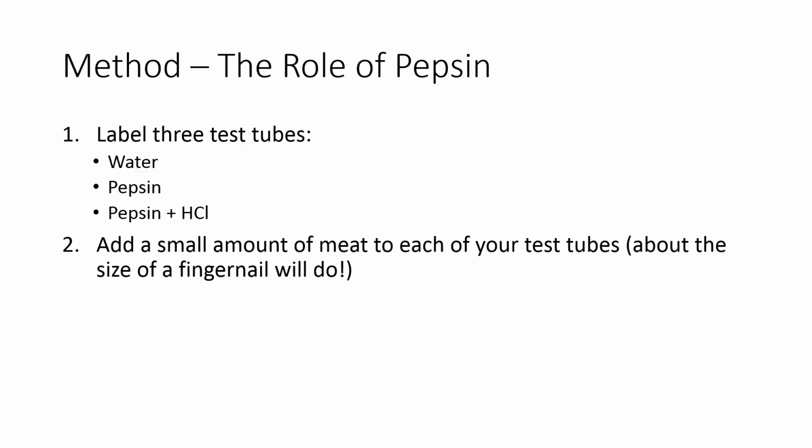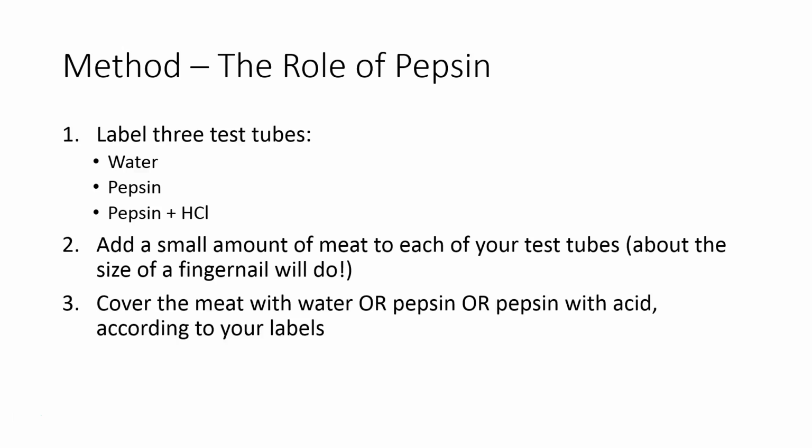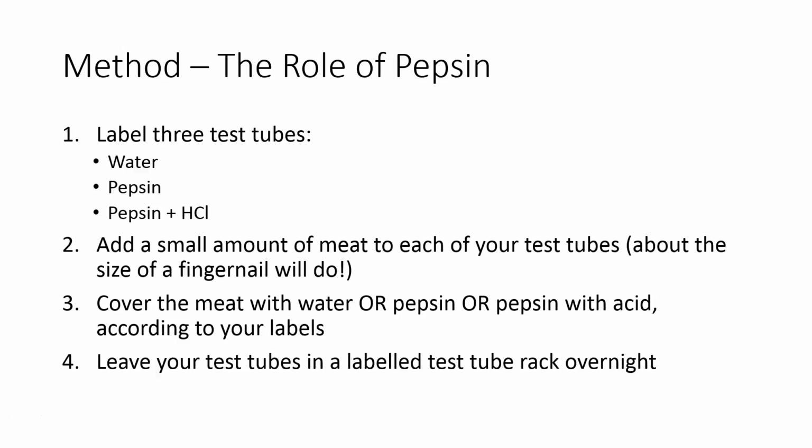In fact, even the size of your smallest fingernail will probably be enough. Cover that meat with water or with pepsin and acid, again, according to your labels. Leave your test tubes in a labeled test tube rack overnight beside your amylase test tubes.